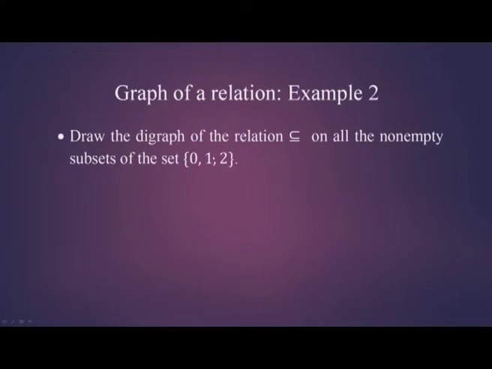So, our problem is to draw the digraph of the relation subset of or equal to on the non-empty subsets of the set 0 1 2. Let us try to do that now.